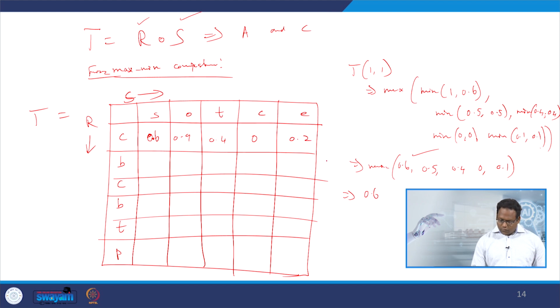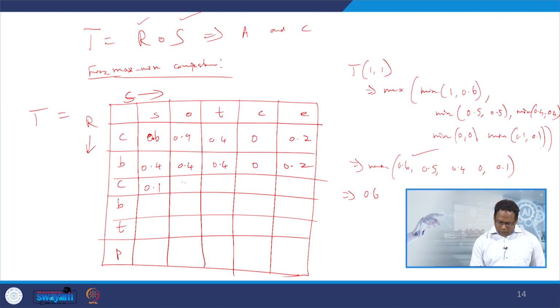and this first row is obtained by taking the first row of R matrix, compare with each column of the S matrix. Similarly, taking the second row of R matrix and comparing that with all the 5 columns of S matrix, we get the second row of T matrix 0.4, 0.4, 0.4, 0 and 0.2.